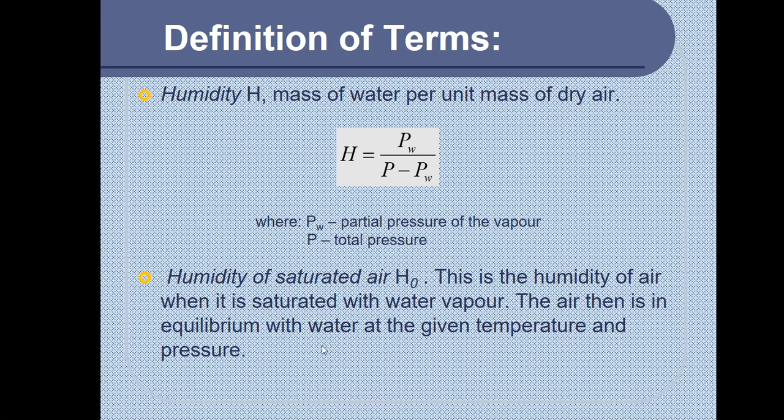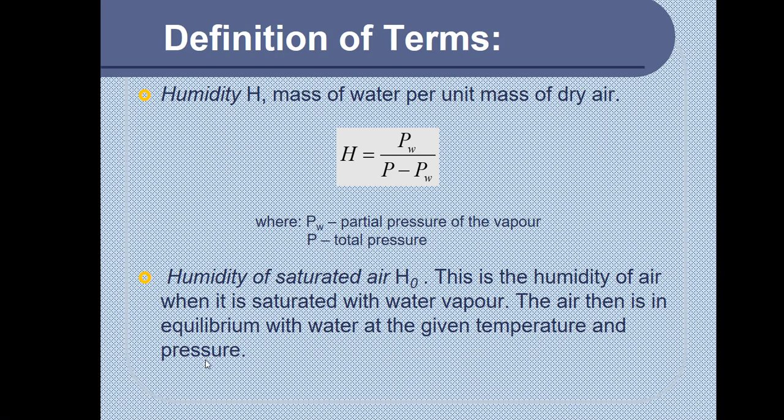What about humidity of saturated air, which is represented as H sub O? The subscript O meaning it's saturated. This is the humidity of air when it is saturated with water vapor, meaning it holds the maximum amount of vapor that it contains in a given condition. The air then is in equilibrium with the water at that given temperature and pressure.